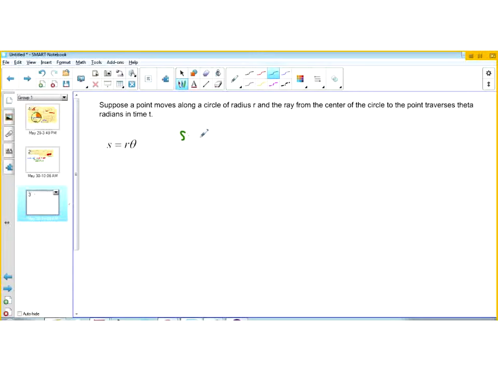S is equal to the distance the point travels in time t.